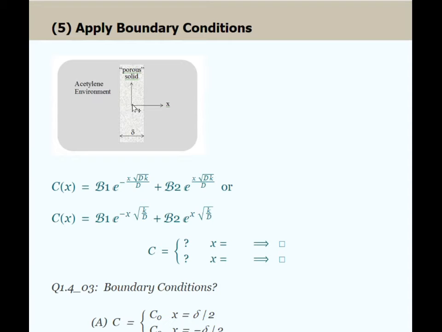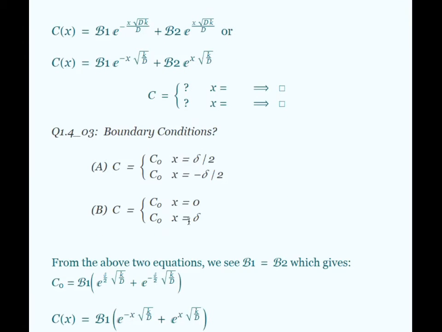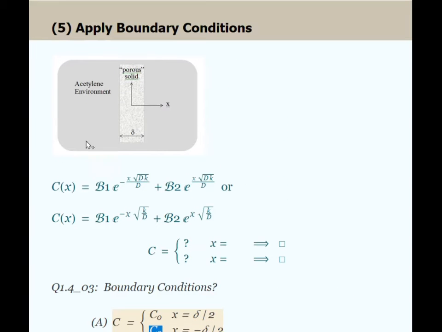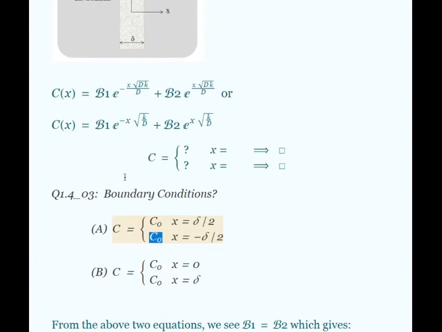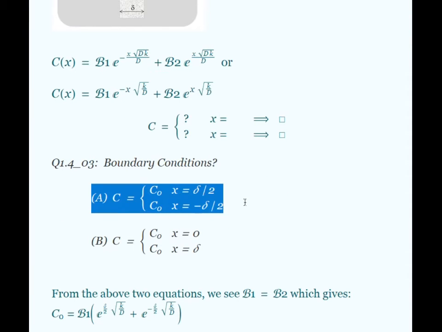It's in the center, so that's minus delta over 2 and delta over 2. At delta over 2 and minus delta over 2, our concentration in this problem is fixed. It's fixed by the acetylene environment outside, which we assume is large enough that it's not changing. So this is the boundary condition that we have.